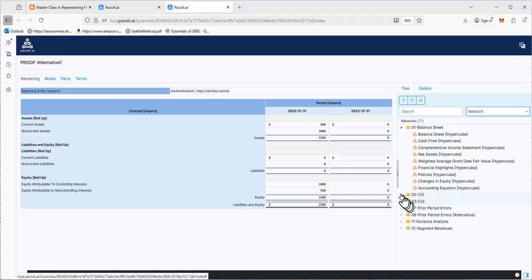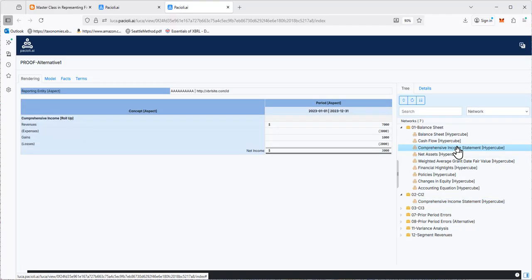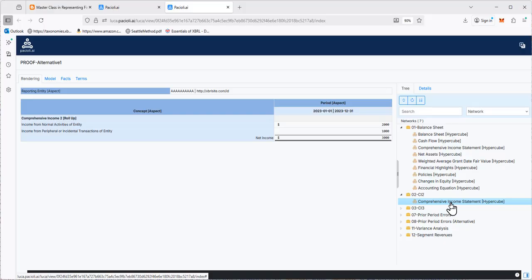The reason is that if I did that, I would start having problems with the representation, because you can see that here I use the same name, hypercube, comprehensive income statement hypercube, comprehensive income statement hypercube, and if I would have put this in this network, it would have caused the software to be confused, because the purpose of the network is to avoid this kind of a conflict where you have a hypercube, you have a structure that's constructed, and the stuff that's in this structure is different than the stuff that's in this structure.